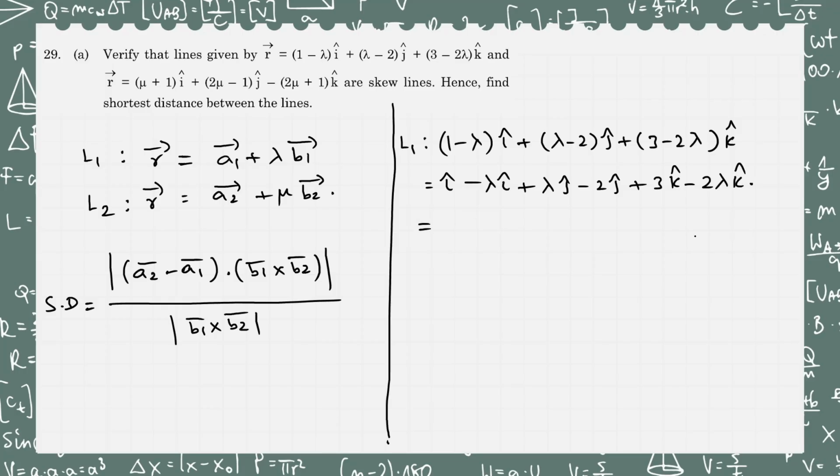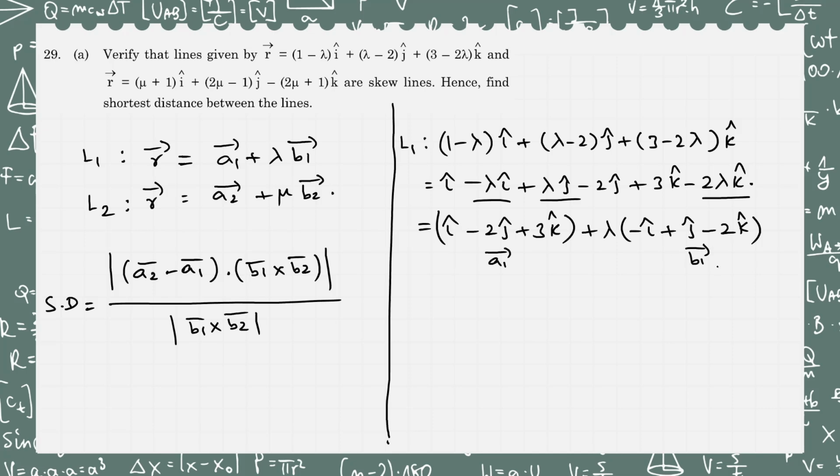And separating the lambda terms and non-lambda terms, we get i minus 2j plus 3k plus lambda times minus i plus j minus 2k. So these are the lambda related items, right? So taking lambda outside, we get minus i plus j minus 2k. So you can very well say that this is our a1 vector and this is our b1 vector.